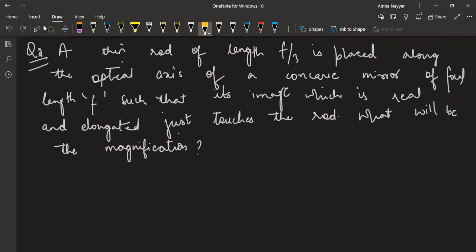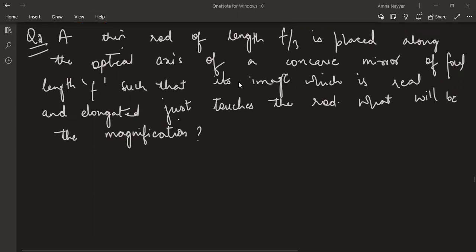Again, Khalid's answer is correct. Others, see. A thin rod of length f/3 is placed along the optical axis. Optical axis means what? Principal axis of a concave mirror. So let's say here is your concave mirror. If somebody is near their answer, you can keep trying.